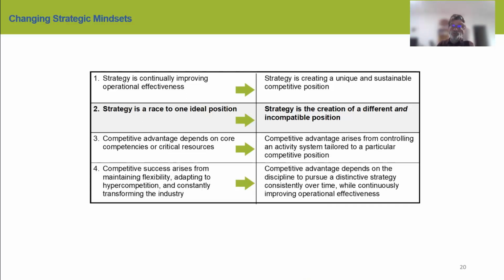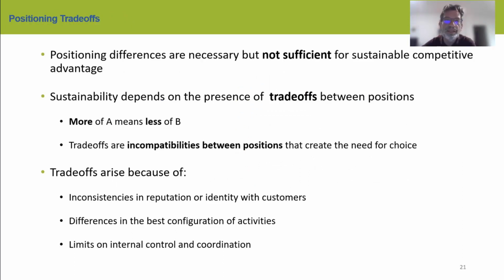Strategy is the creation of a different and incompatible position. So we try to create something which is different from the others. Positioning differences are necessary, but not sufficient for sustainable competitive advantage. The fact that we are different is necessary, but it's not sufficient.